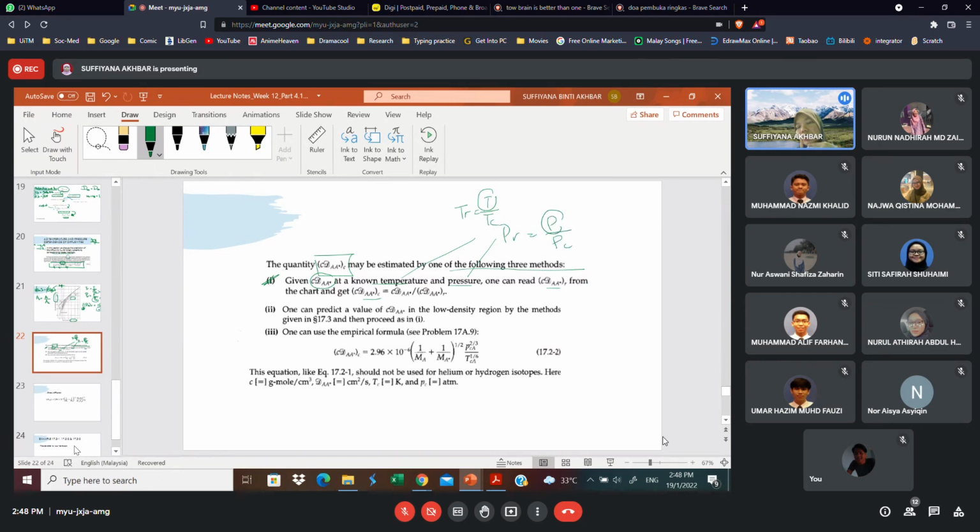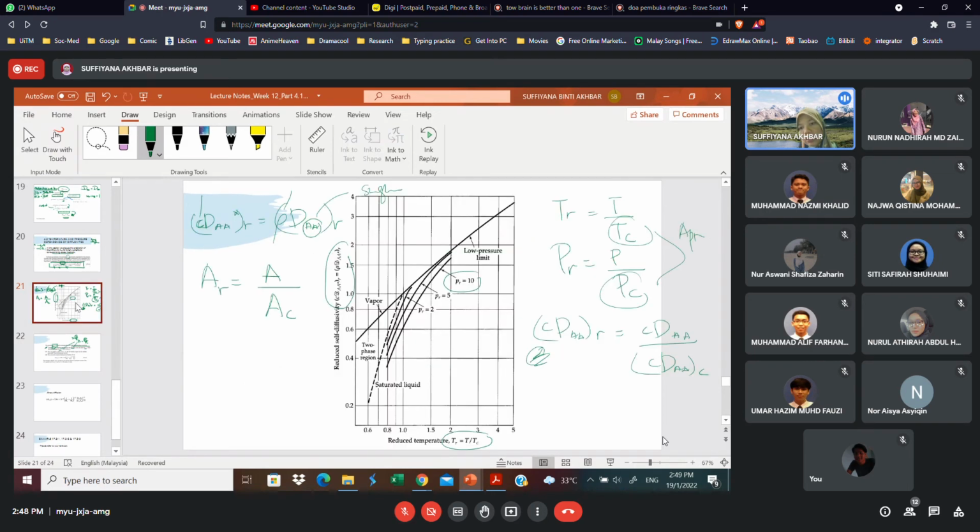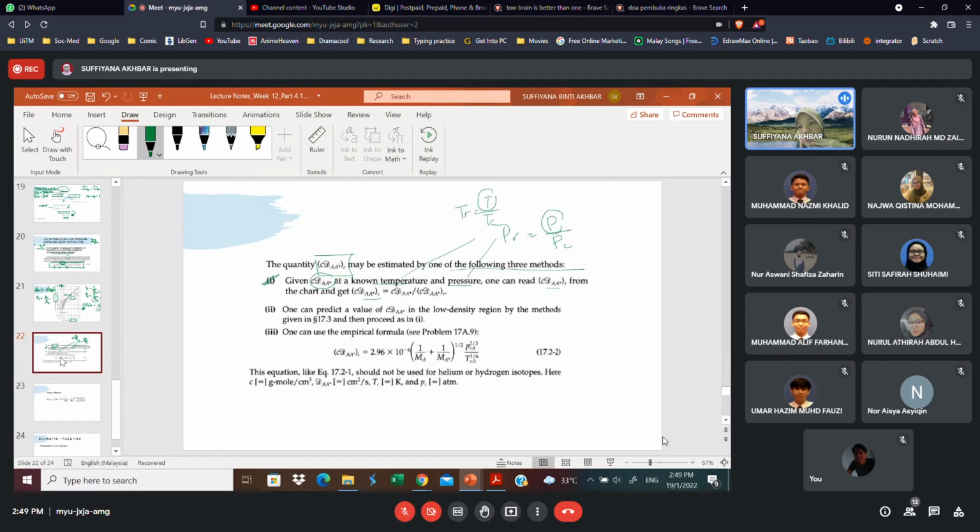So use these two values and the chart. For example 2 and 10. So you can find the reduced self-diffusivity. Then you use the equation to find the critical, because this value is given.